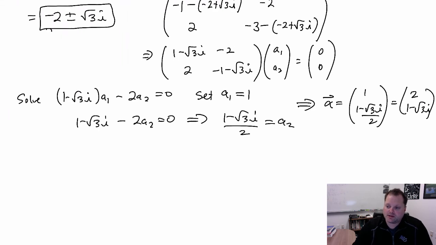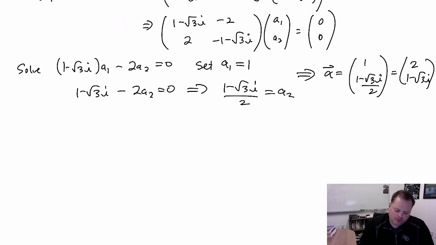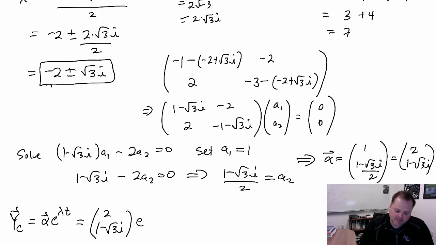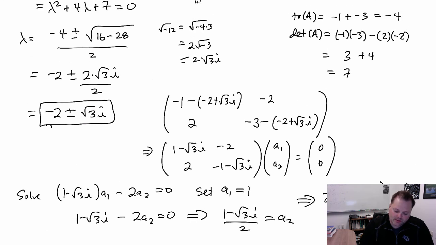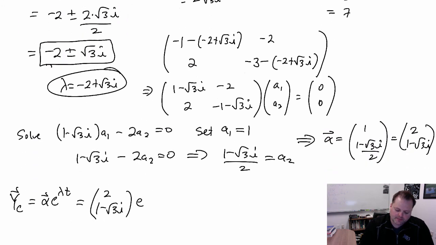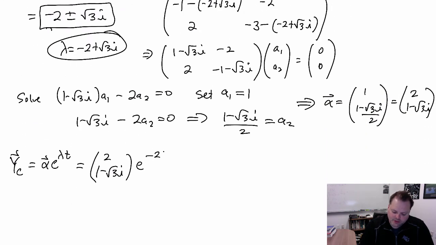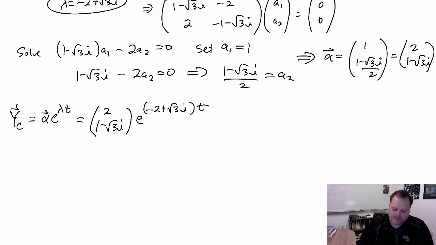So there's my complex eigenvector, which means that my complex solution is alpha e to the lambda t, which is this complex eigenvector times e to the lambda t, and lambda here is, remember I used the positive one, so I only needed to use one of these, and I used the positive one. So this is negative 2 plus square root of 3i times t.